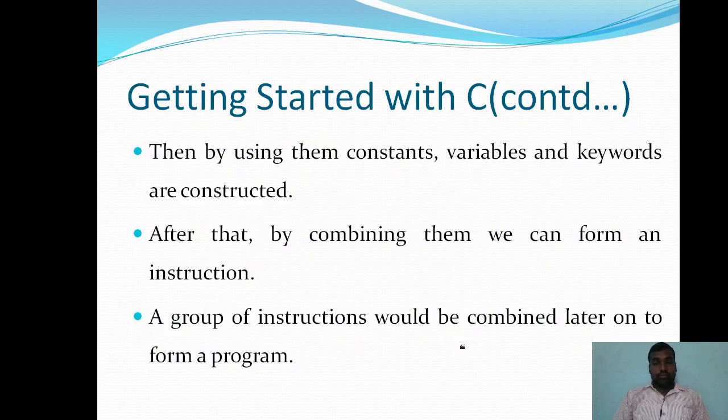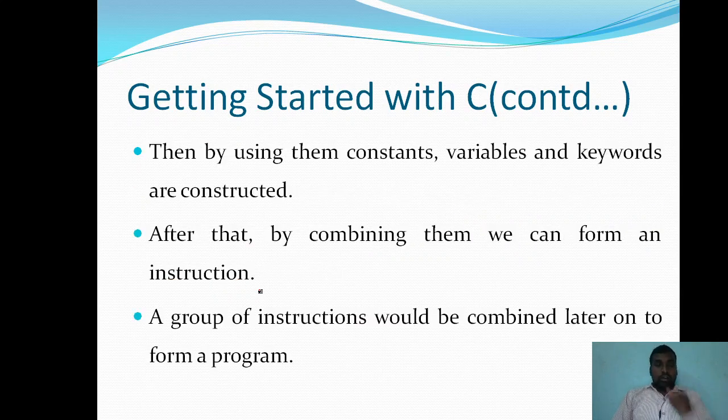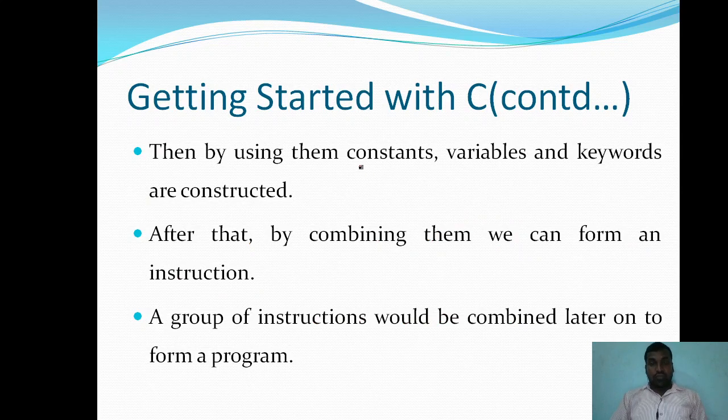So instead of straight away learning how to write programs in C, we are first trying to learn what alphabets are supported by C, and what numbers and special symbols are used while writing a C program. Then by using these alphabets, numbers, and special symbols, we are going to form constants, variables, and keywords.